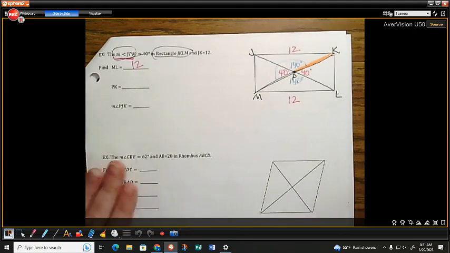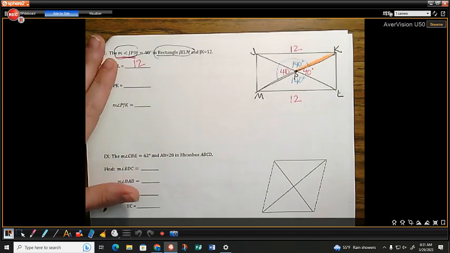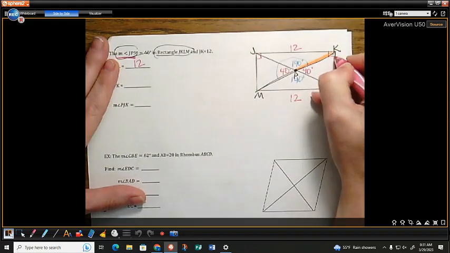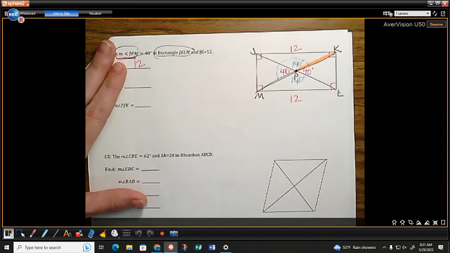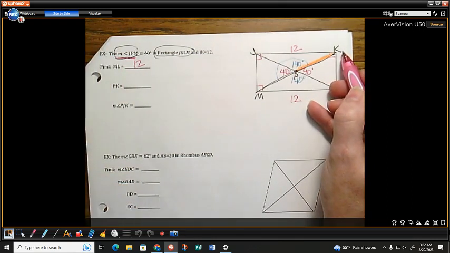What are some other things you can figure out about rectangles? I know that all the angles are right. So I know I have right angles here. Are MP and PK congruent? Well, is it a parallelogram? What do the diagonals do?